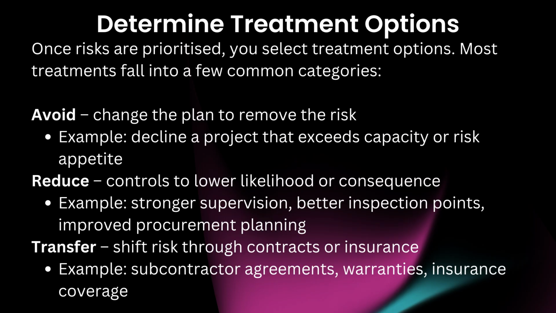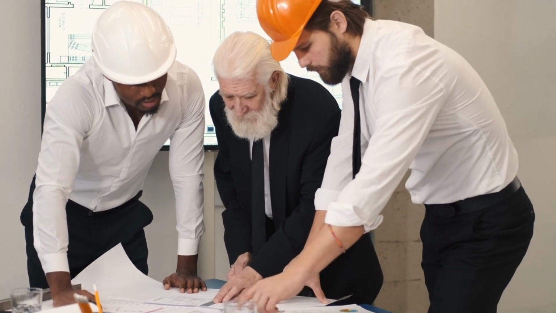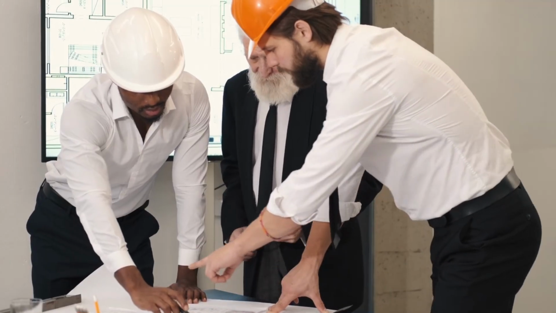Determine treatment options. Once risks are prioritized, you select treatment options. Most treatments fall into a few common categories. Avoid, change the plan to remove the risk. Example, decline a project that exceeds capacity or risk appetite. Reduce, controls to lower likelihood or consequence. Example, stronger supervision, better inspection points, improved procurement planning.